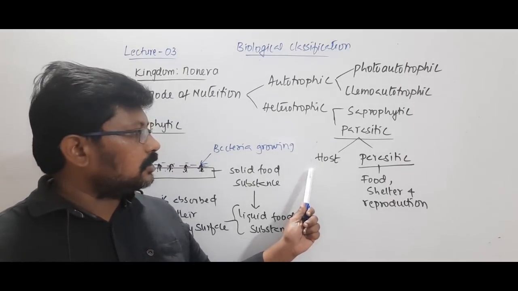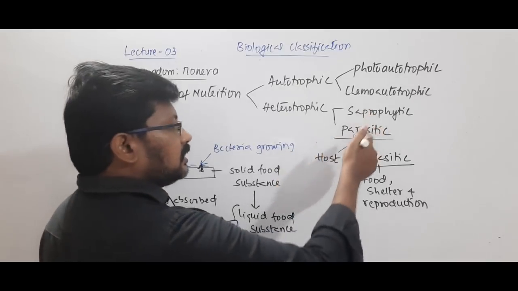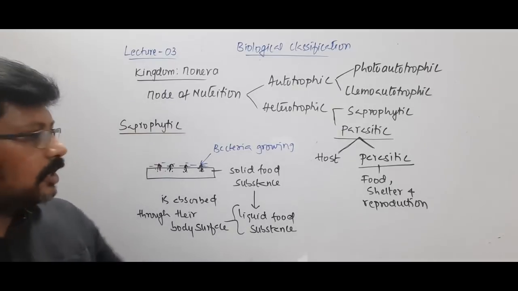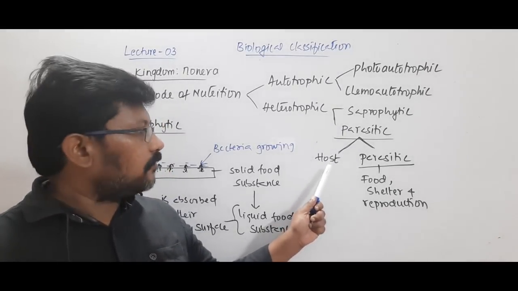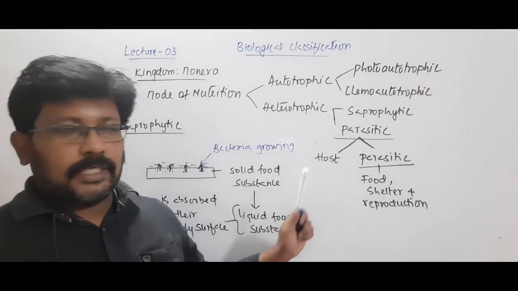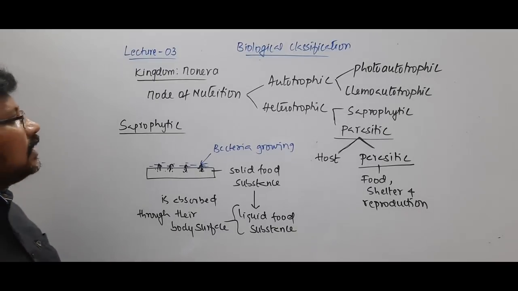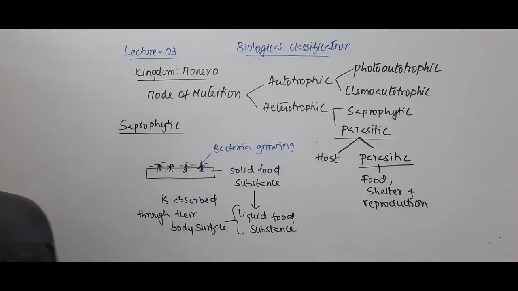So host harbors the parasite. In coming sessions we'll understand the parasitic mode in detail. Whatever nutrients the parasite requires, it takes from the host. So these are the two modes of nutrition we see in Monera: autotrophic and heterotrophic.